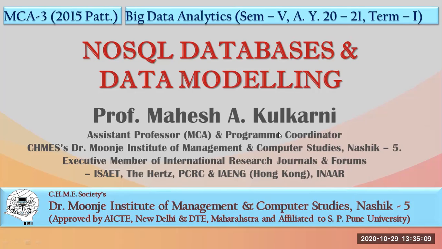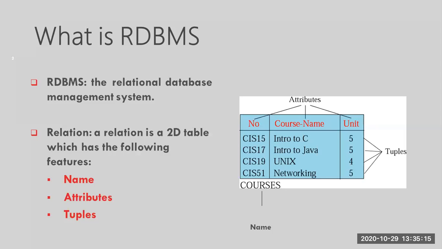Yes, now this is the NoSQL databases and RDBMS concept revision. What do we mean by RDBMS or data modeling? When we are talking about data modeling, it is like the relational database management system.